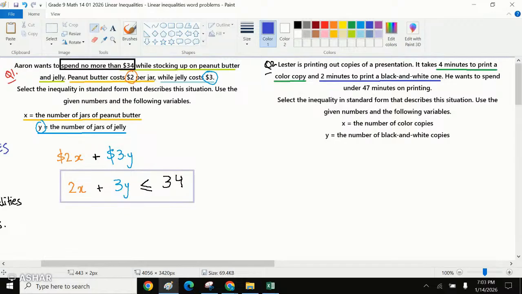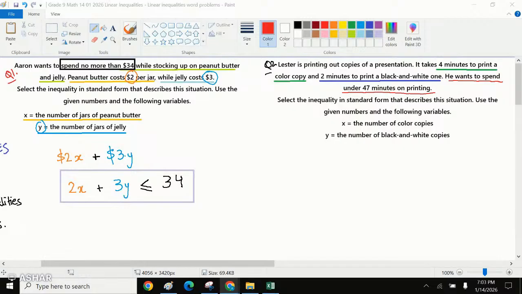Okay. So we are talking about time over here, right? Lester wants to spend under 47 minutes. He does not want to spend more than 47 minutes on the printing. So the next part of the question says, select the inequality in standard form that describes this situation.